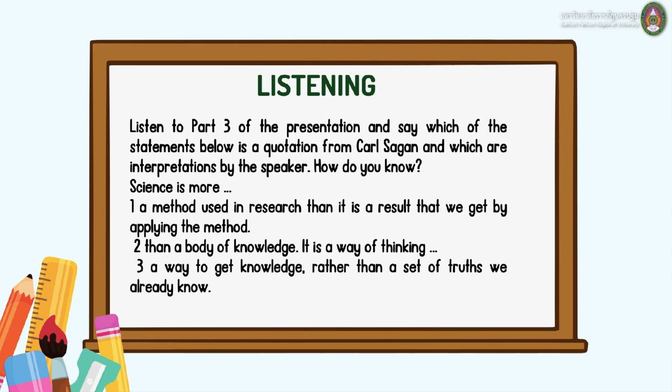But what is science? Here is one more authority I'd like to quote. Carl Sagan. Science is more than a body of knowledge. It is a way of thinking, a way of skeptically interrogating the universe. What he probably means is that it is more a method used in research than it is a result that we get by applying this method. More a way to get knowledge than a set of truths we already know.